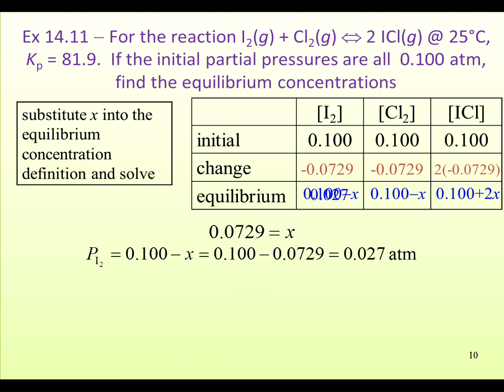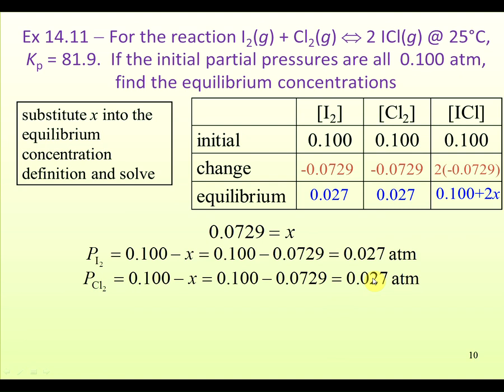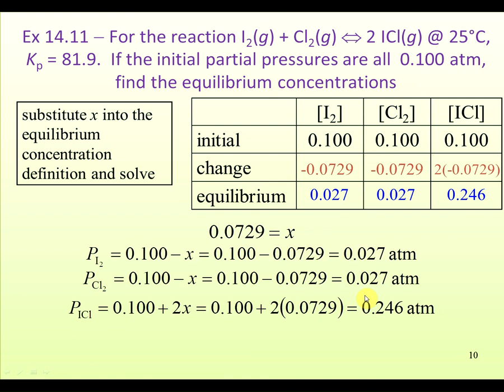So the iodine concentration will be 0.1 minus x, so that'll be 0.0271. The chlorine will also be 0.0271, and the pressure of the ICl will be the 0.1, remember, plus the 2x. So as we substitute in the x here, that'll be 0.246.